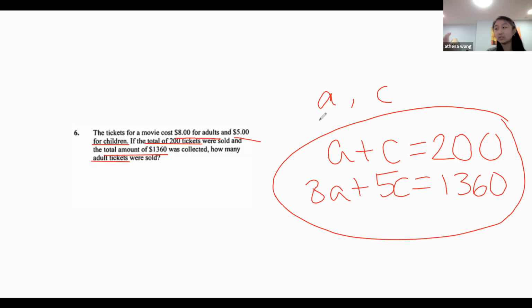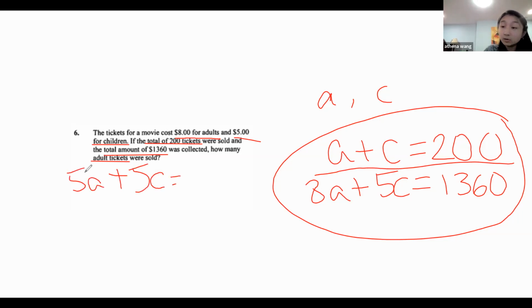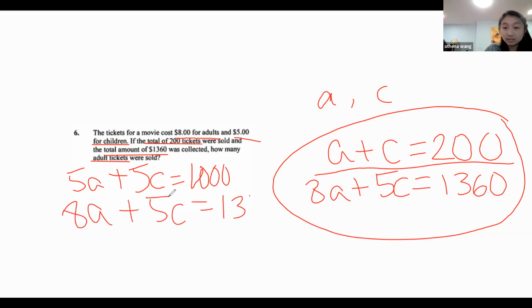And we can just do it very neatly if we just multiply the first equation by 5. So we can just cancel out 5C. So we have 5A plus 5C equals 200 times 5, which is 1,000. Okay, and then we have, again, 8A plus 5C equals 1,360.